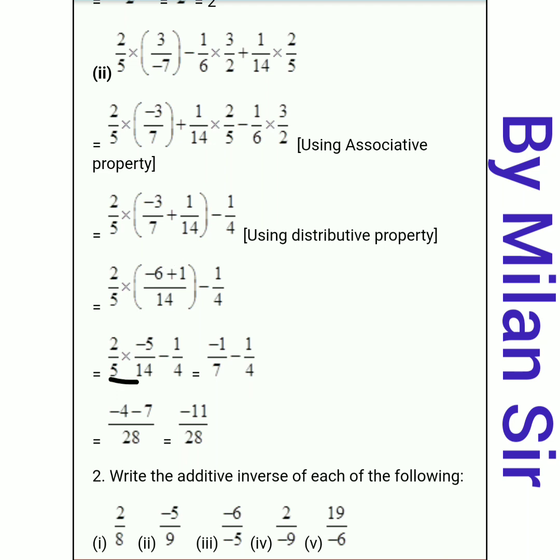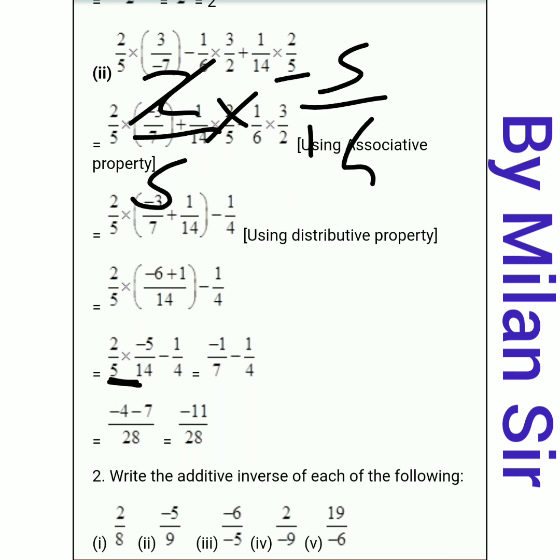Okay, then we need to do the multiplication process, right? As per BODMAS, we need to multiply. So here 2 by 5 multiply minus 5 upon 14. So we can cut it. 2 sevens are 14, right? And 5 cut, so 1 is remaining. Now nothing is remaining in the numerator, then we need to write 1.